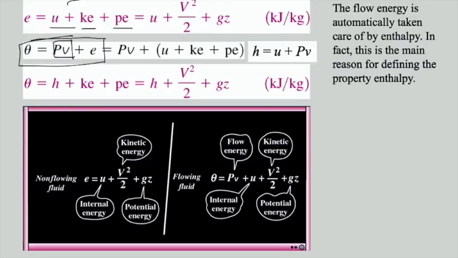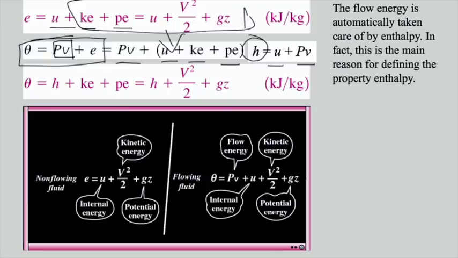Equating the previous equations into our moving fluid energy equation, we have PV plus U plus KE plus PE. Introducing enthalpy H, enthalpy H equals internal energy plus moving fluid work. Enthalpy H is actually a combination of internal energy and the moving fluid energy.